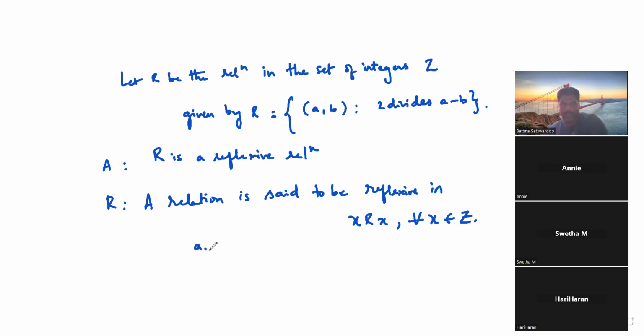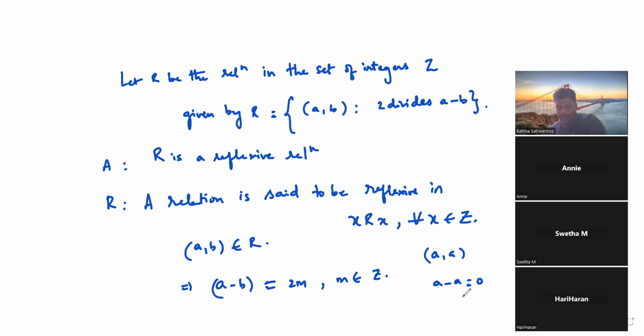First of all, A comma B belongs to R, right? So I can say 2 divides A minus B, meaning they are all even multiples. So A minus B will be equal to 2m, where m belongs to integers. So if I take A comma A, A minus A will be equal to 0, that is equals to 2m, where m belongs to Z, correct?